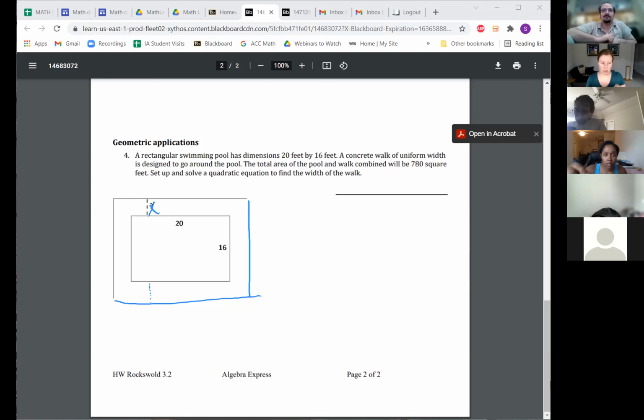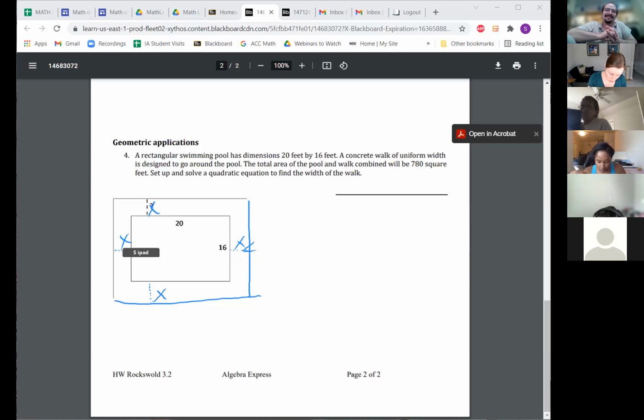How wide is that part of the sidewalk? This part that I just drew? X, right? Okay. How wide is this part of the sidewalk? Also X. Okay. How wide is this part of the sidewalk? Also X. Okay.